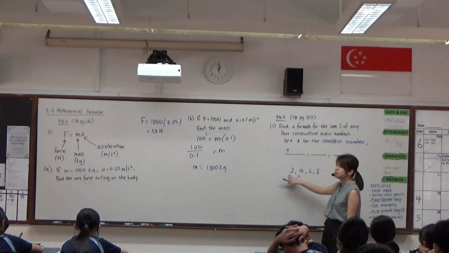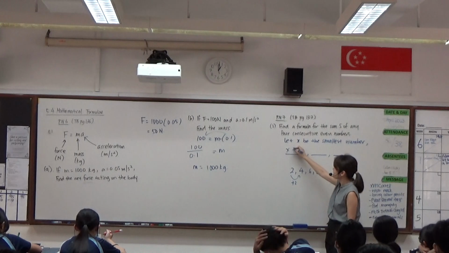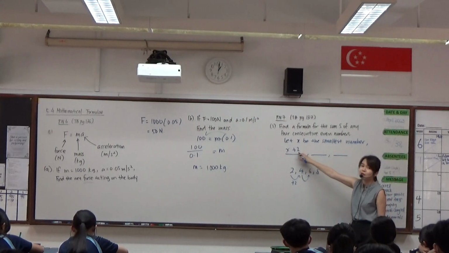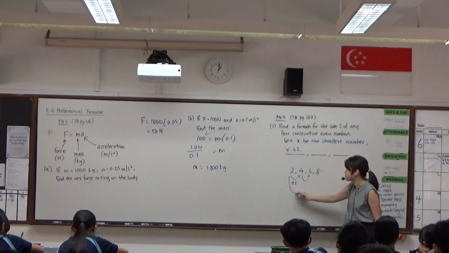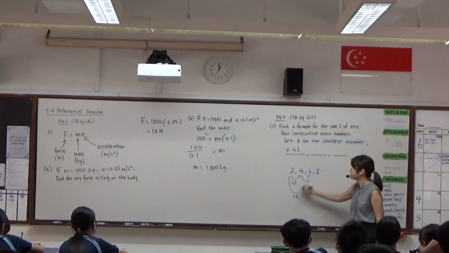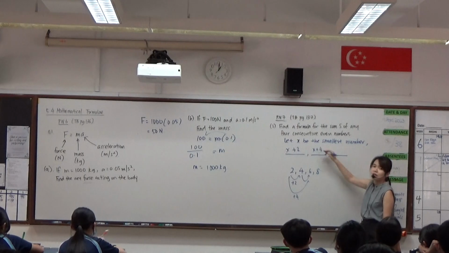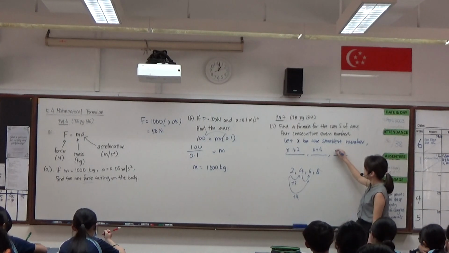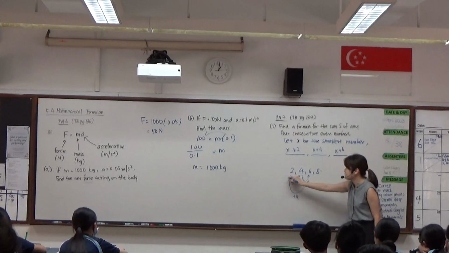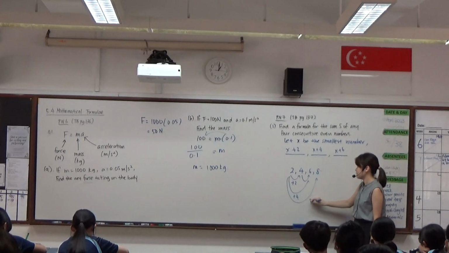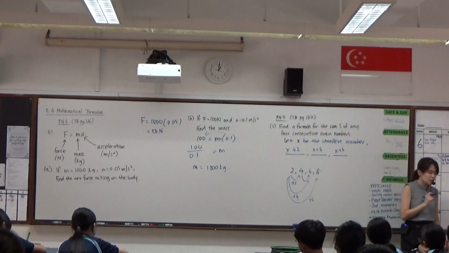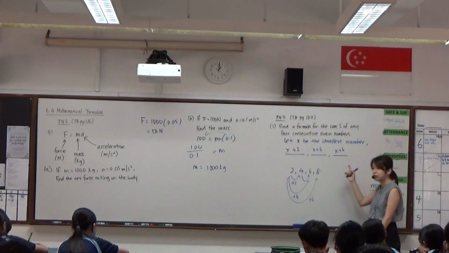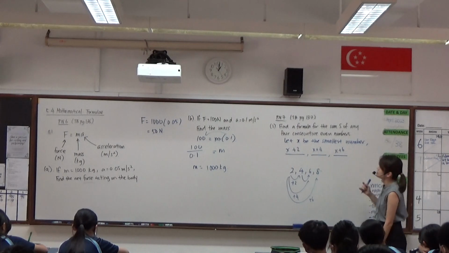So if this is x, you will have x plus 2, the next one is plus 4 from the beginning, and the last one is plus 6 from the beginning. If you had watched my number pattern video, this shouldn't be unfamiliar.